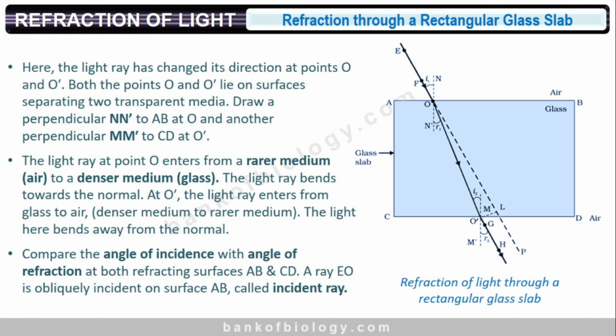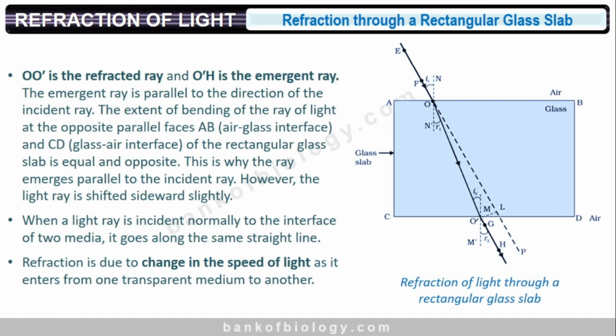Compare the angle of incidence with the angle of refraction at both refracting surfaces AB and CD. A ray EO is obliquely incident on surface AB, called the incident ray. OO dash is the refracted ray and O dash H is the emergent ray. The emergent ray is parallel to the direction of the incident ray.